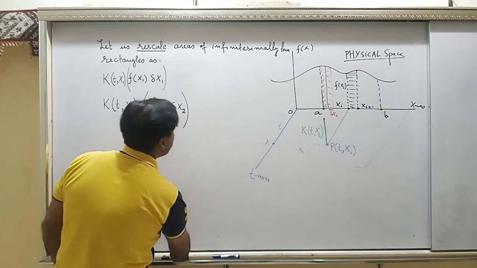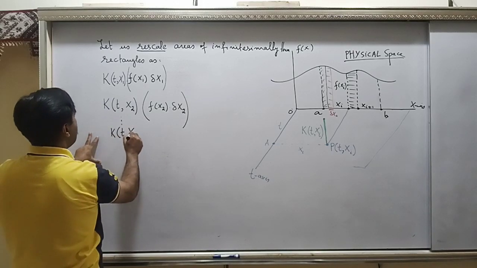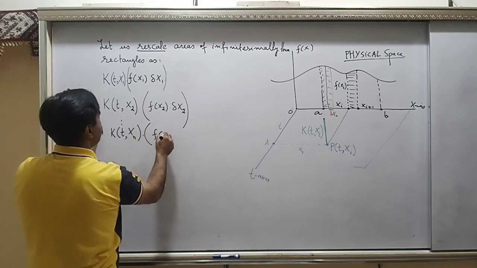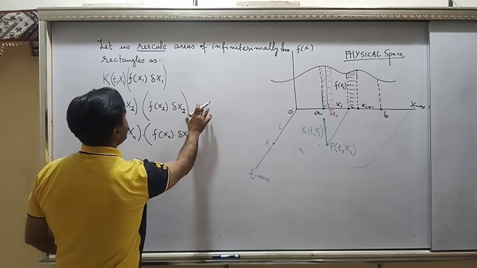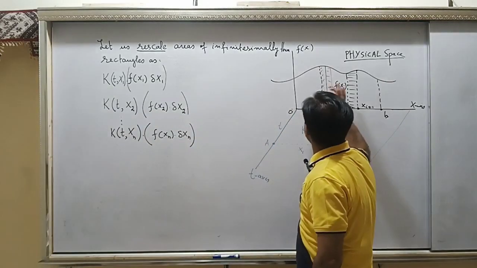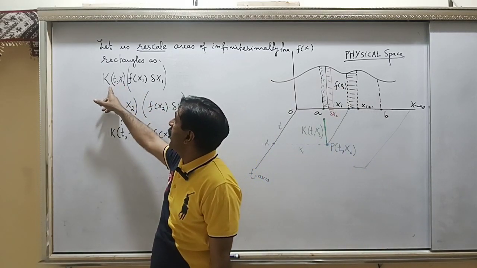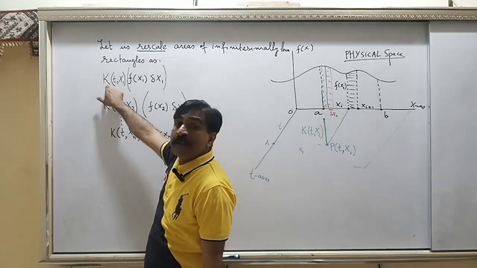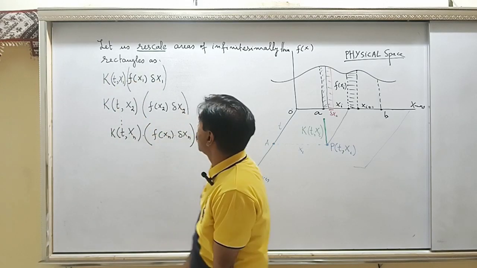And similarly, so on, k txn, and it is to be multiplied with fxn into delta xn. So we have rescaled, meaning resized, the area of each thin rectangle. And how have we resized? We have resized it by multiplying the old or previous value of the area with some new value which is obtained from the new function, right?